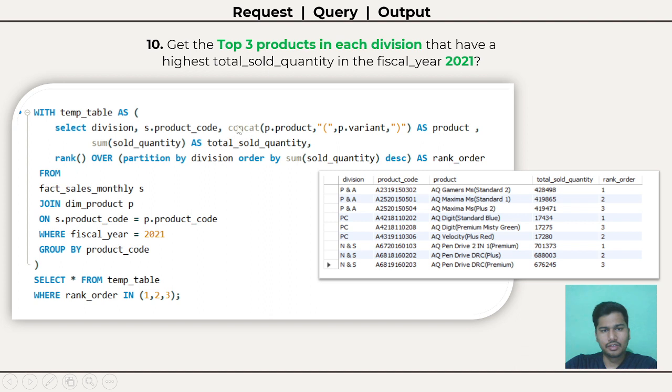So that's why I joined product with the variant so that there should be a unique name. And here I use rank function because we have to give ranking to each division, and also we join with a different table. Fiscal year we put 2021. So this was the result which I get.